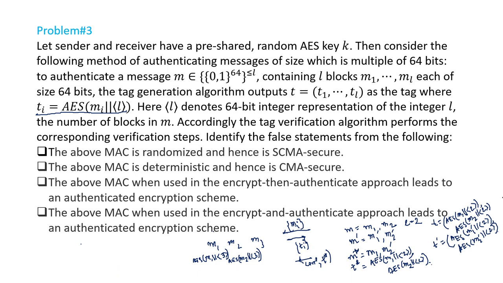You see the tag corresponding to M equal to M1, M2, then you can return M star equal to M2, comma, M1, and T star equal to just the reverse of this. You already know AES of M2 concatenated with 2 and AES of M1 concatenated with 2. You just swap the first half and second half of the tag. This also works even with a single query. So basically this is not CMA secure, right?